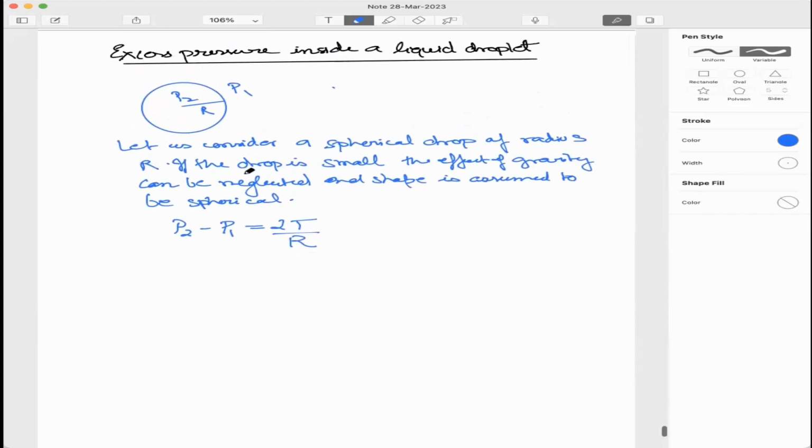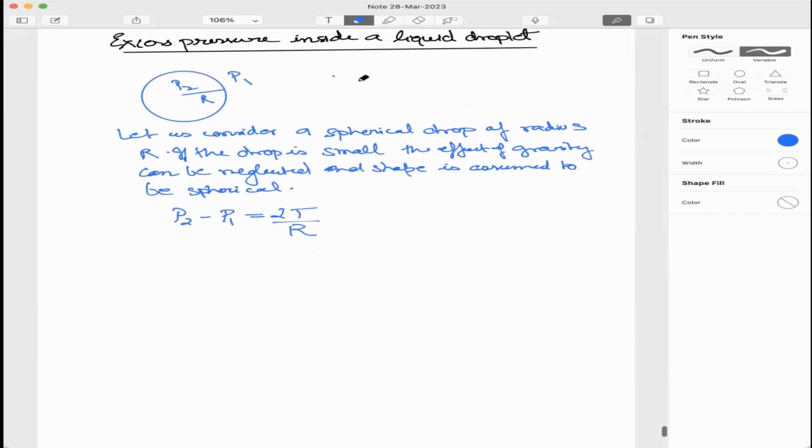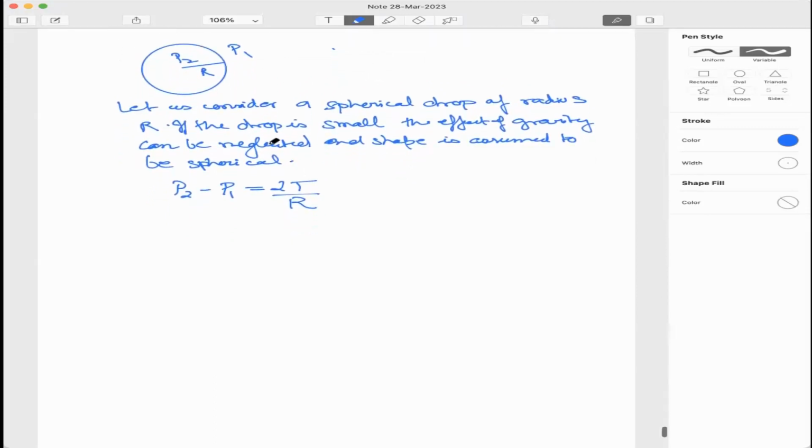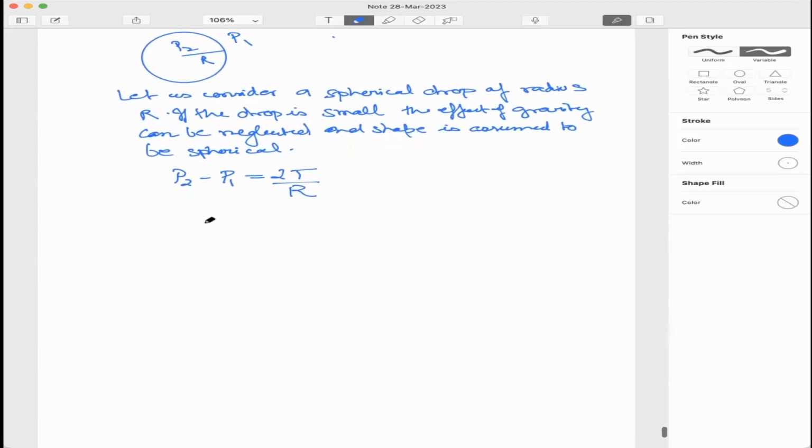So let's consider that we cut this bubble, so it will become like this.